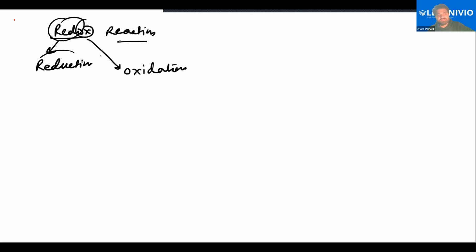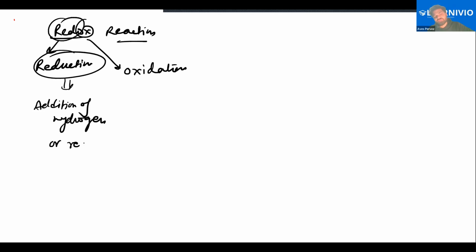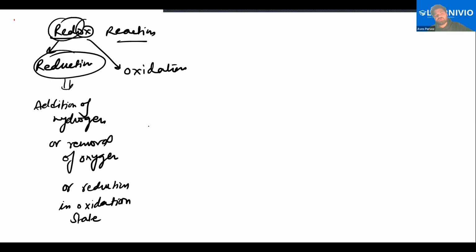So what is reduction? Addition of hydrogen, or removal of oxygen, or a reduction in oxidation state.